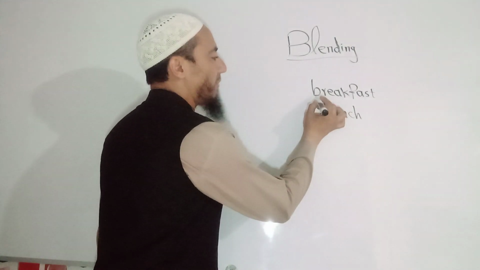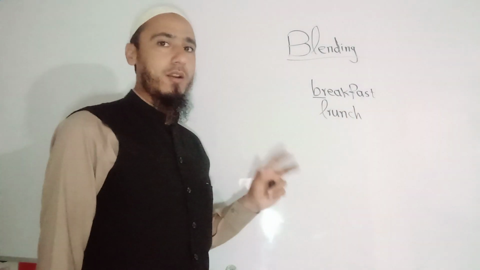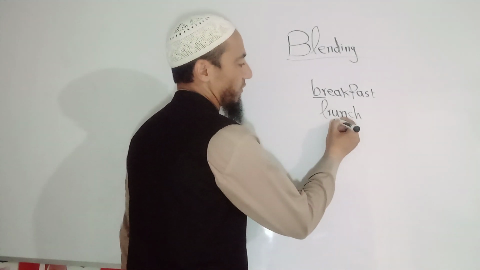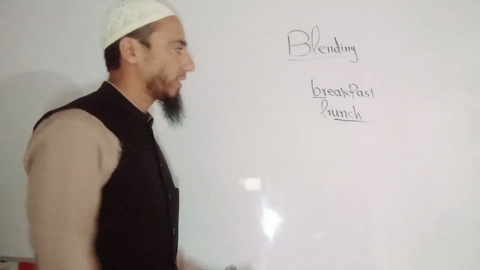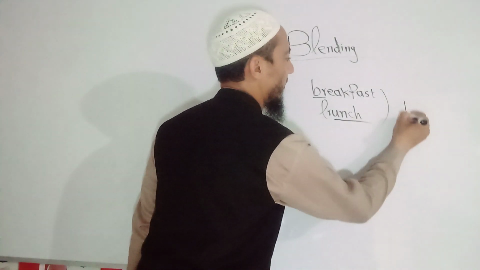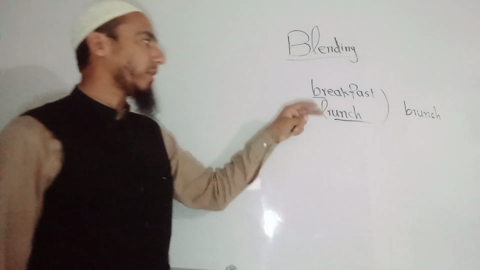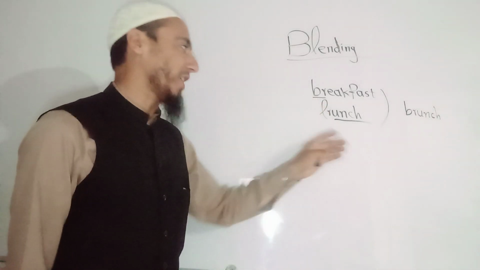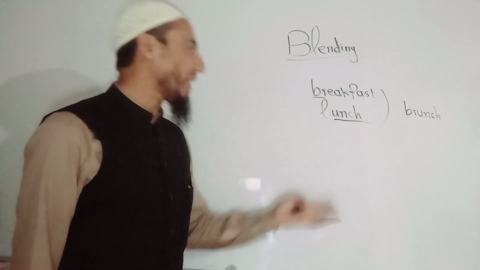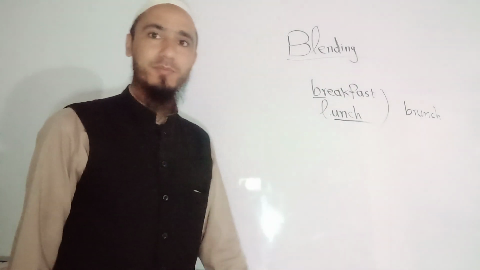So here, I'm taking the first part of the word, br or bro, and then I'm taking the next part of the word, unch. To make the new word, I'm writing here: brunch. So from breakfast and lunch, a new word is formed, and that is brunch.